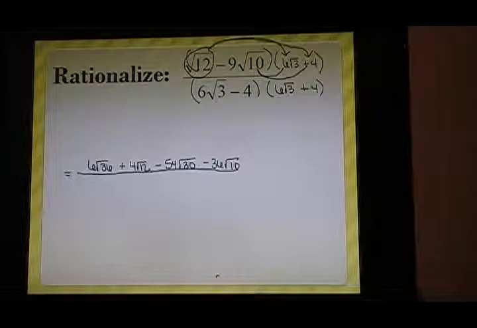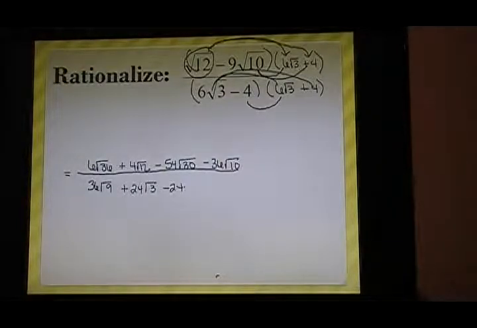In the denominator, 6 root 3 times 6 root 3, I have 36 root 9. 6 root 3 times 4, I've got plus 24 root 3. Negative 4 times 6 root 3 is minus 24 root 3. And negative 4 times positive 4 is minus 16.